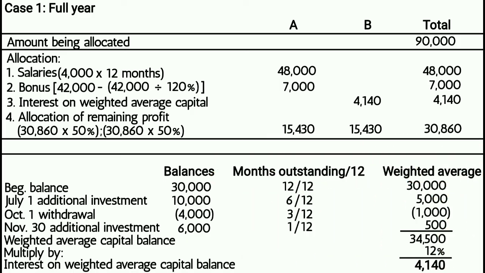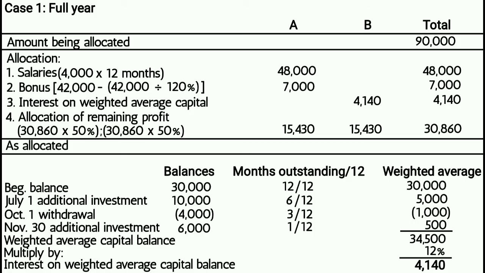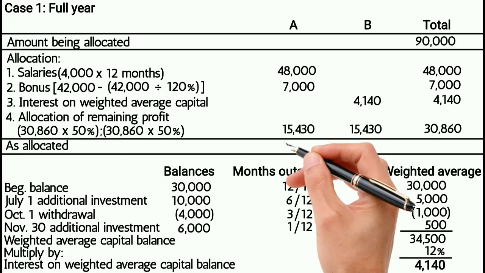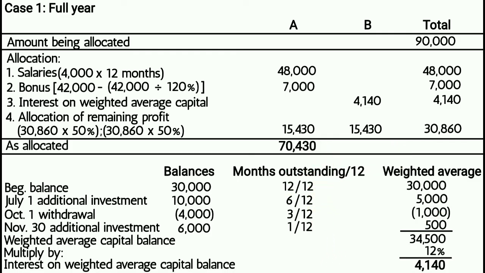Same amount will go to both A and B. 48,000 pesos plus 7,000 pesos plus 15,430 pesos. Ilan yan? 70,430 pesos. 4,140 pesos plus 15,430 pesos.